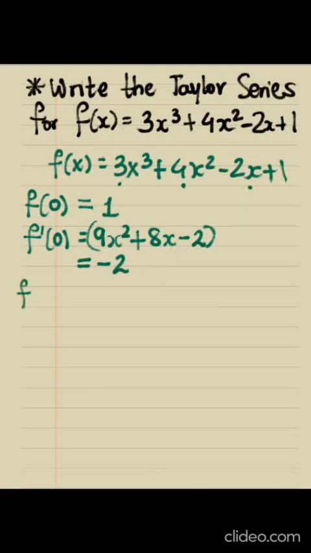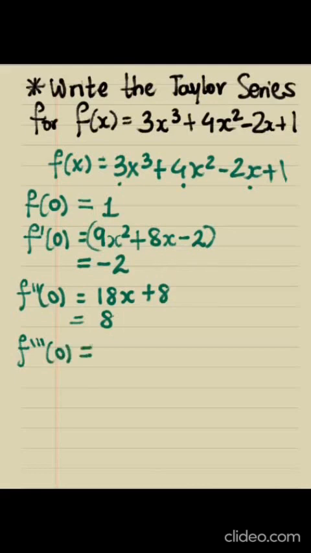Next, f double prime of 0 equals 18x plus 8. Evaluated at x equal to 0, you get 8. F triple prime of 0 equals 18. And evaluated at x equal to 0, you get 18.